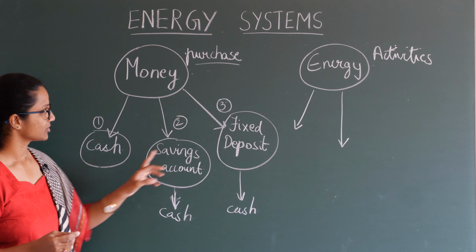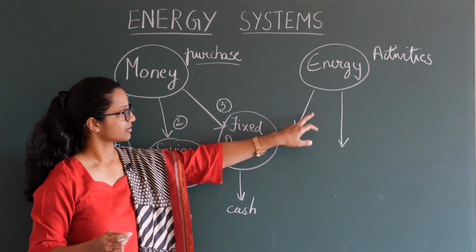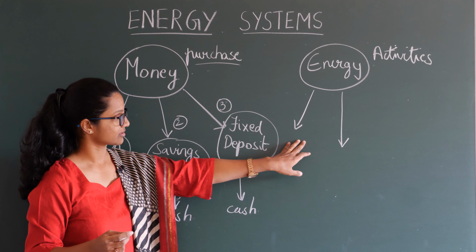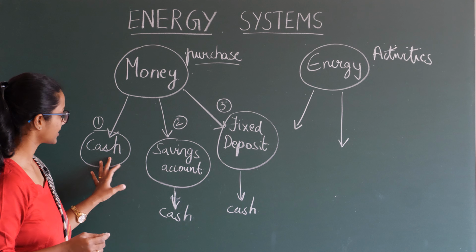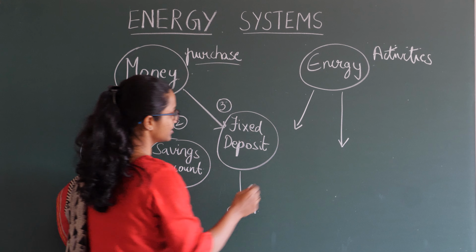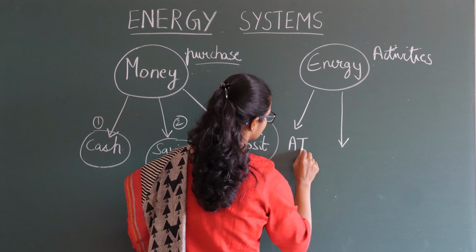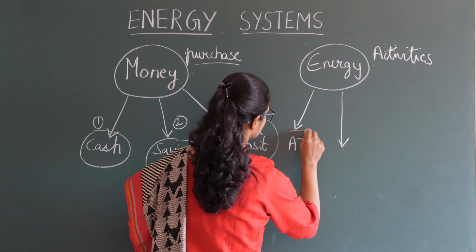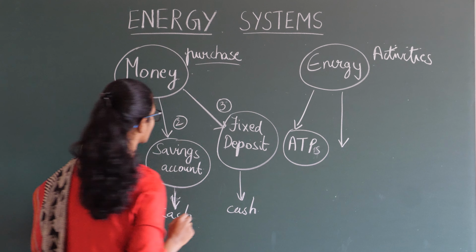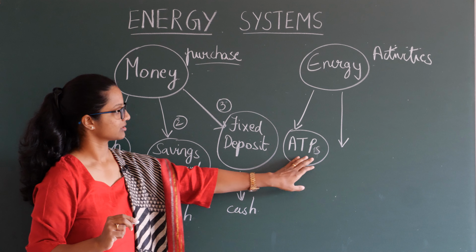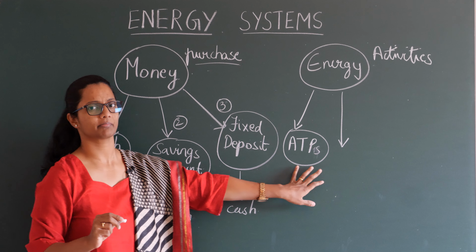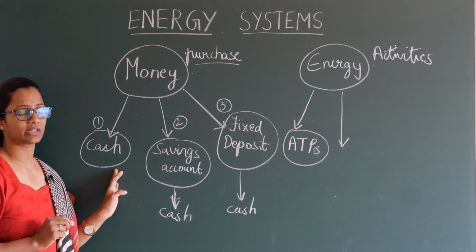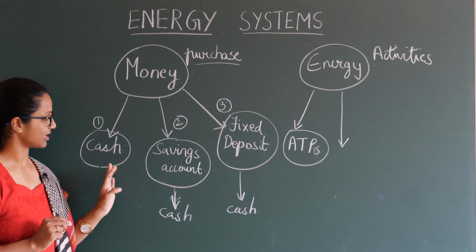So the human body, whenever it requires energy, it can use it in the form of cash, which is nothing but ATPs. So ATPs in the body can be compared to your cash. Readily available, you can spend it very quickly and fast.